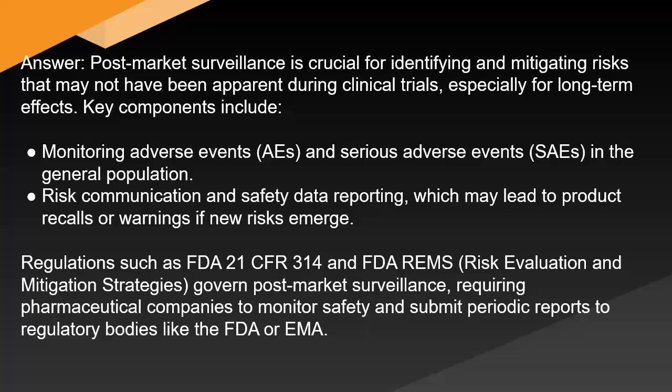Key components include monitoring adverse events (AEs) and serious adverse events (SAEs) in the general population, risk communication and safety data reporting, which may lead to product recalls or warnings if new risks emerge. Regulations such as FDA 21 CFR 314 and REMS, risk evaluation and mitigation strategies, govern post-market surveillance, requiring pharmaceutical companies to monitor safety and submit periodic reports to regulatory bodies like the FDA or EMA.